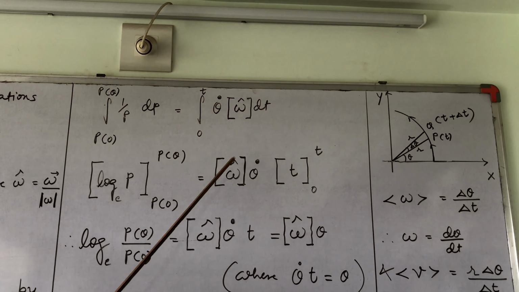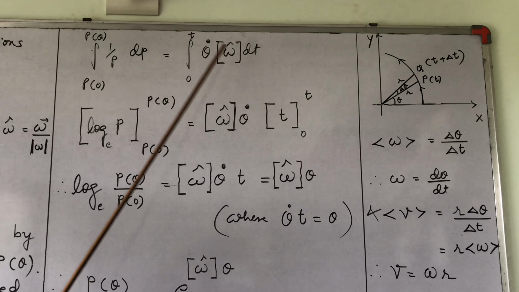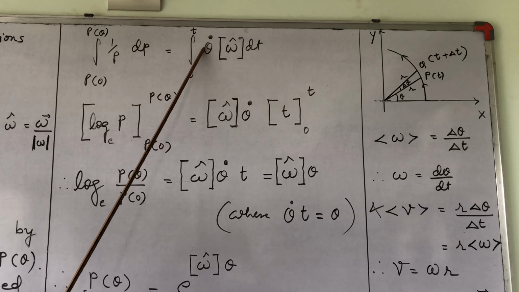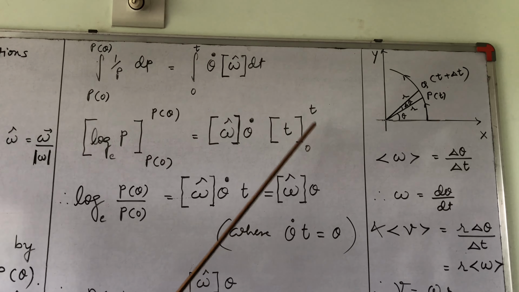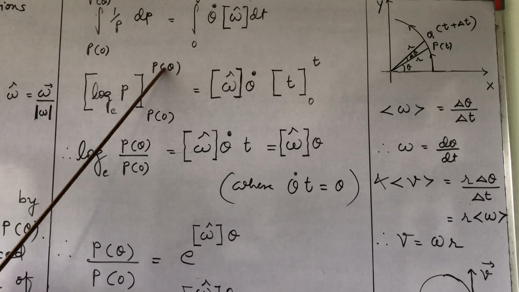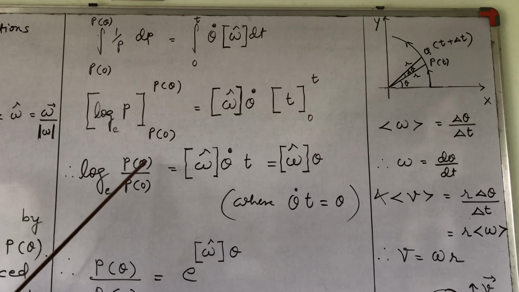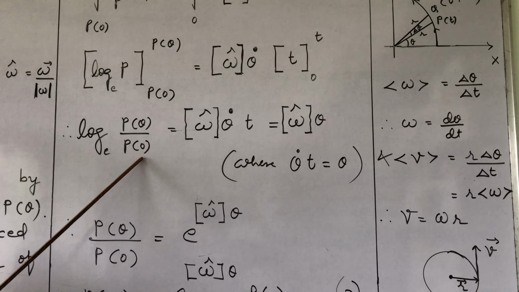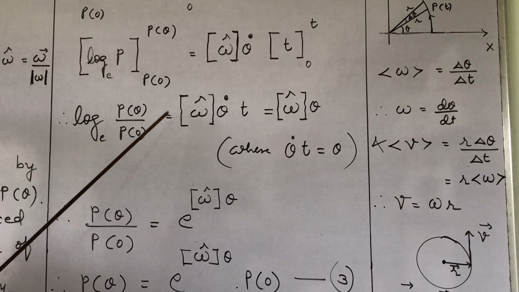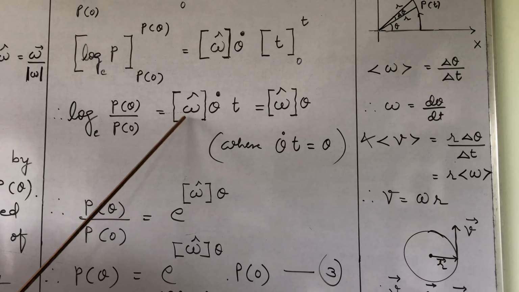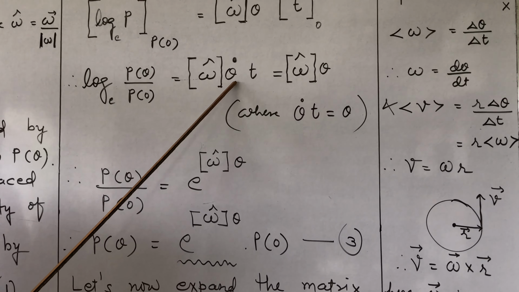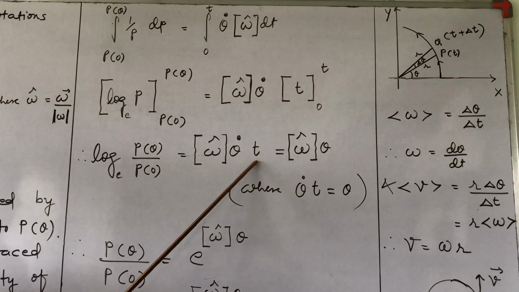Omega cap and theta dot are constant, so taking them out of the integral, and the integral of 1 dt is t, from 0 to t, upper limit minus lower limit. So log of p of theta upon p of 0 to the base e equals skew symmetric omega cap theta dot times t minus 0, so t.